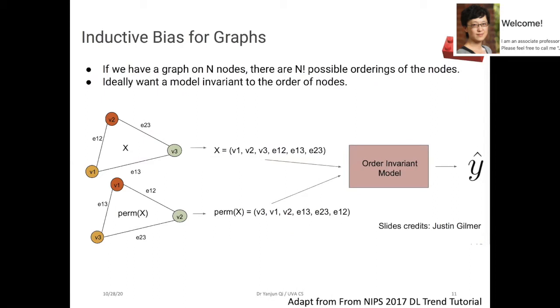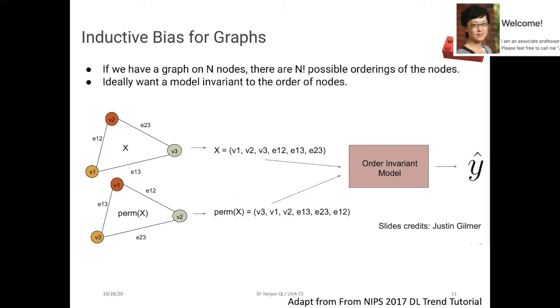So you want representation learning to be able to figure out that even though there is a permutation of the nodes, the representation of this graph is still the same.